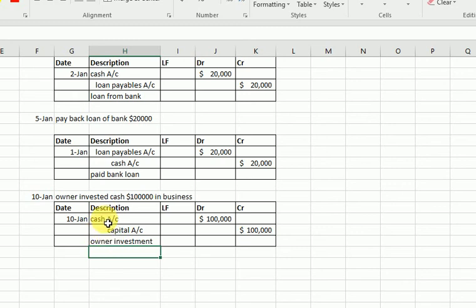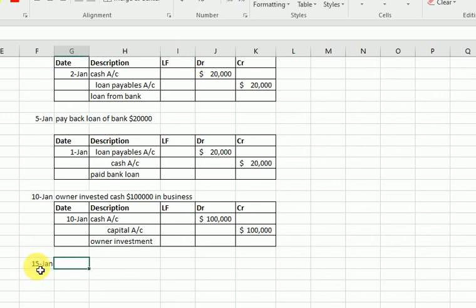Clear? Cash of the business increases and the capital also increases. So increase in capital is recorded as a credit, and increase in an asset is recorded as a debit.